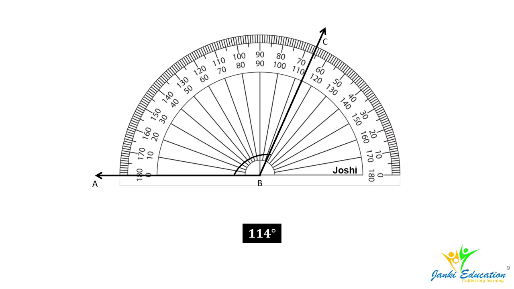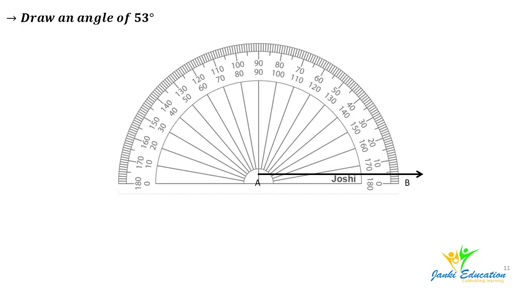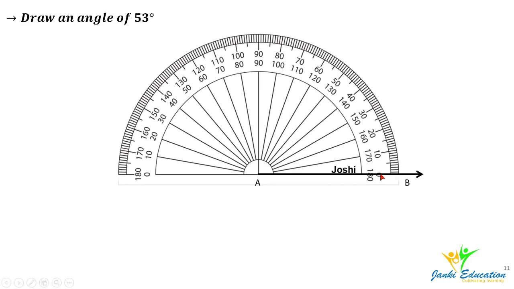Now bonus point, if we need to draw an angle. So we will see how to draw an angle of 53 degree. For that we need to first draw one line or ray, AB, then place your protractor matching with the center point, overlapping the baseline and start counting from the 0, that is 0, 10, 20, 30, 40, 50 and 1, 2 and 3 lines.